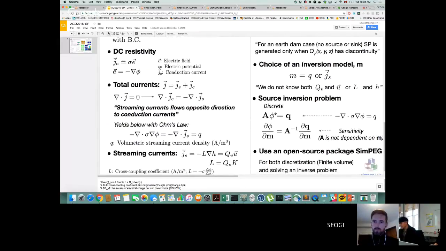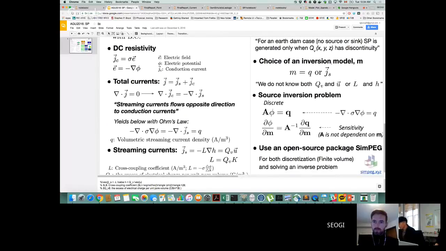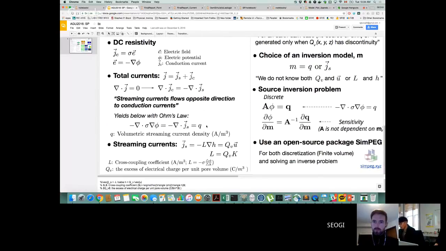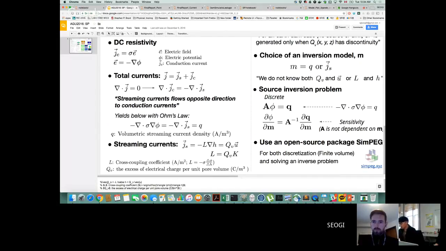But at the end, the problem is pretty simple because now our M is all on the right-hand side. Let's assume that sigma is known, which is not quite true, but let's assume that we got the DC array, then we can get a pretty good conductivity structure. So that's okay. Then you need to choose the model.